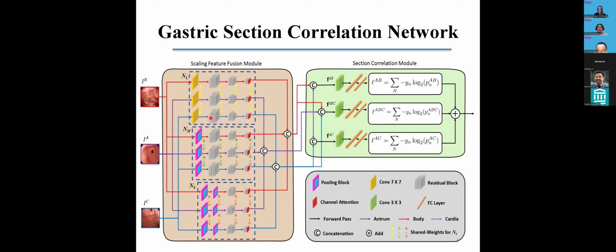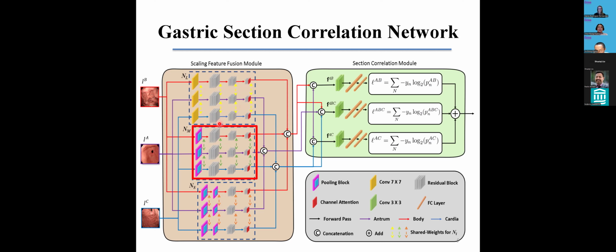It contains 3 different modules to calculate features of different scales. For the largest scale, this network will train the features of the largest field of view from the entrance, body, and cardiac images. And then at the end of the network, we have a channel attention layer over here to extract the salient features.